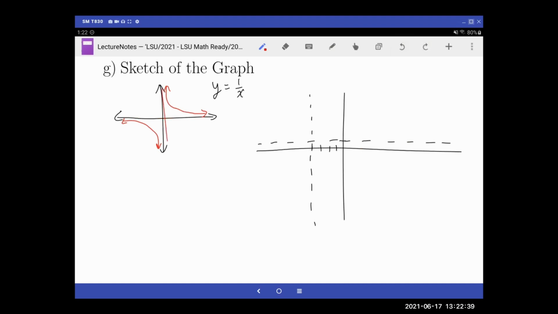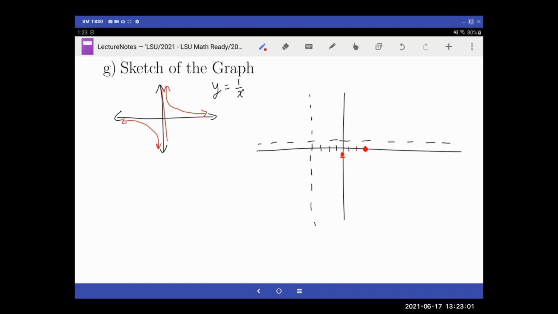All right, and then we know where the intercepts are, right? We know that the x-intercept is whenever x is 3, and the y-intercept is at negative 0.75, so that would be right there.